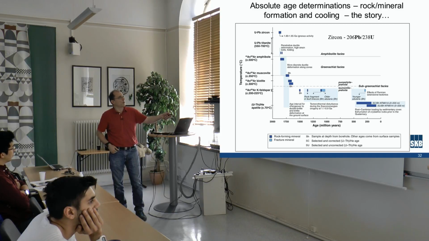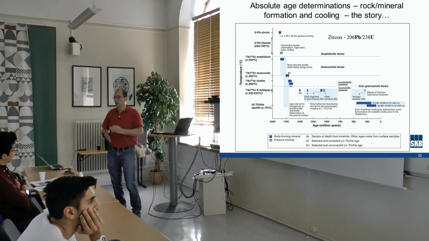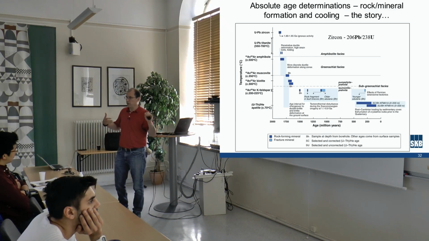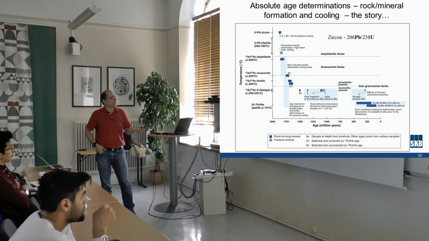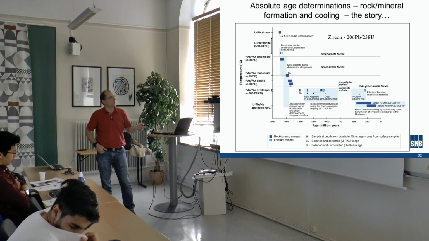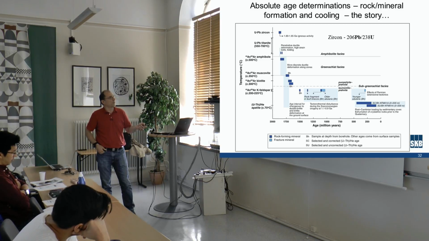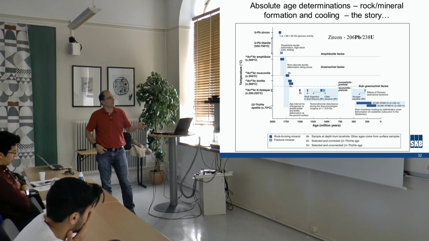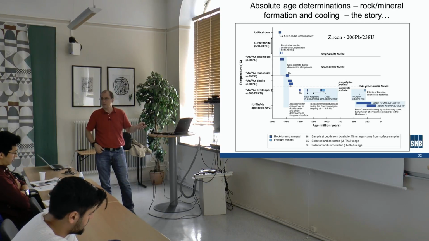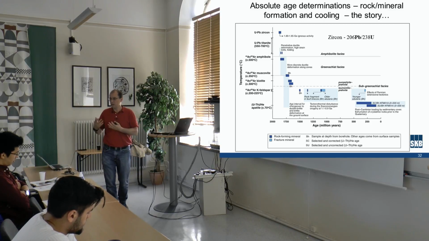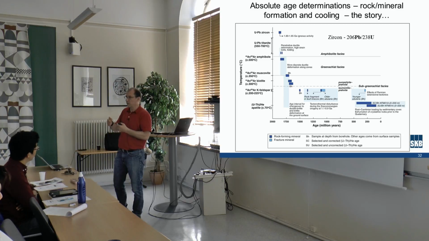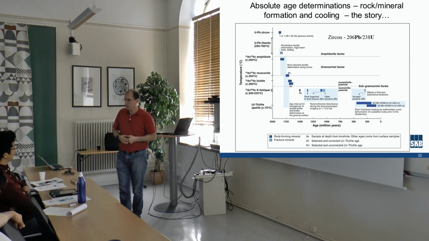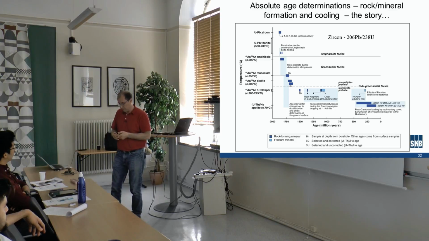We can tell a story about when a certain fracturing appeared, more exactly than the relative. And so, knowing that amphibolite forms at 500 degrees, we make an age determination of this. So we have both the temperature when it was formed, so the actual happening, and the age when it happened.